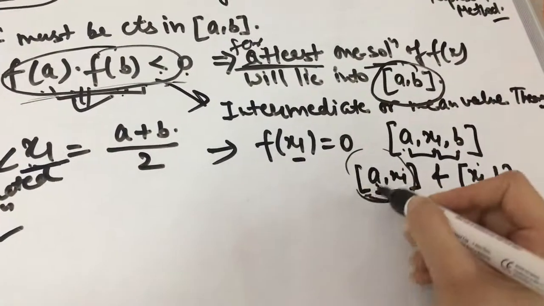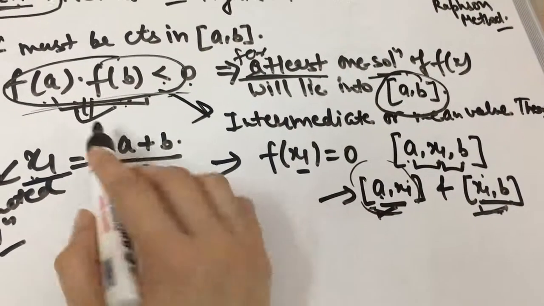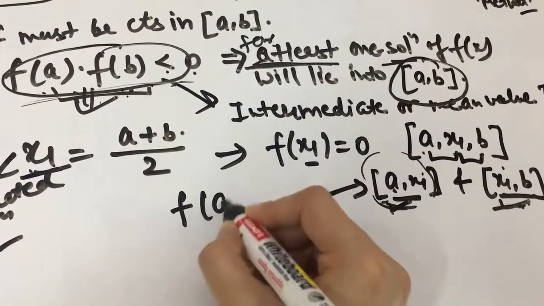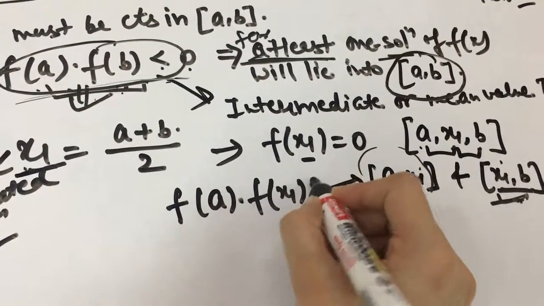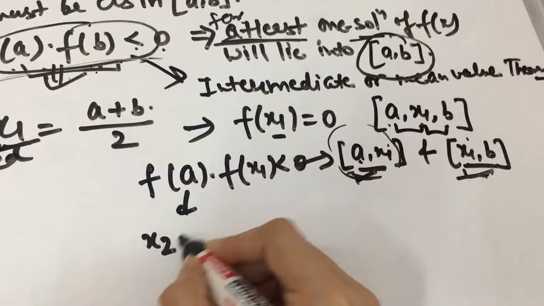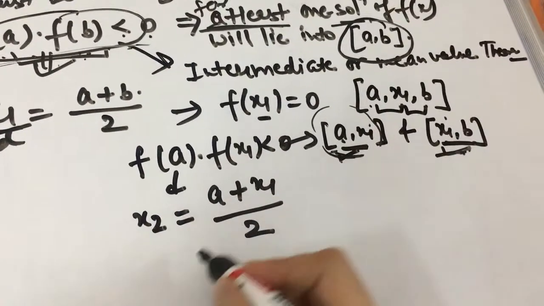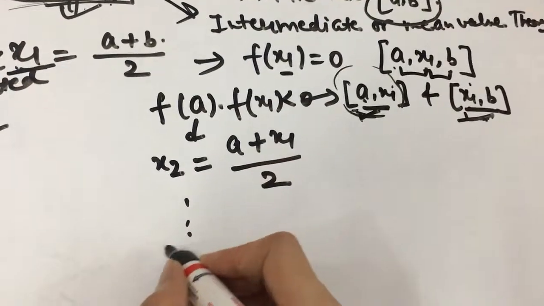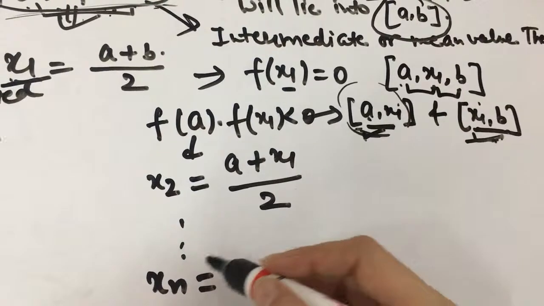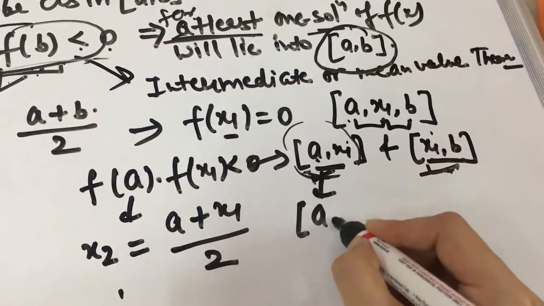Let's do it. Suppose for this interval function satisfies the property, so it will be f(a) into f(x1) less than 0. Hence second approximated root will be x2 equal to (a plus x1) by 2. Similarly, for n approximated roots we can do in the same manner. So from here, what will be the interval now?